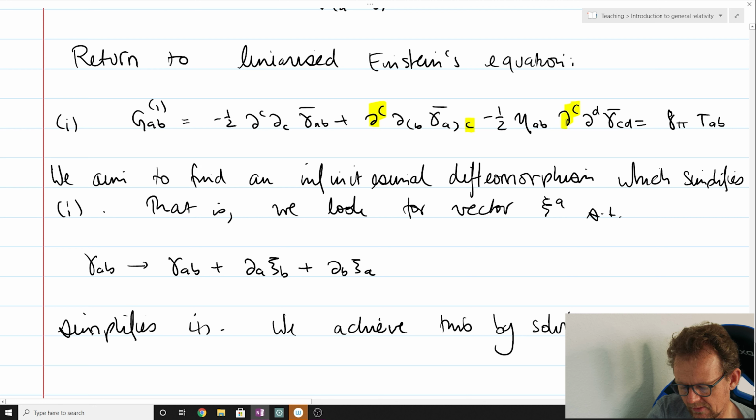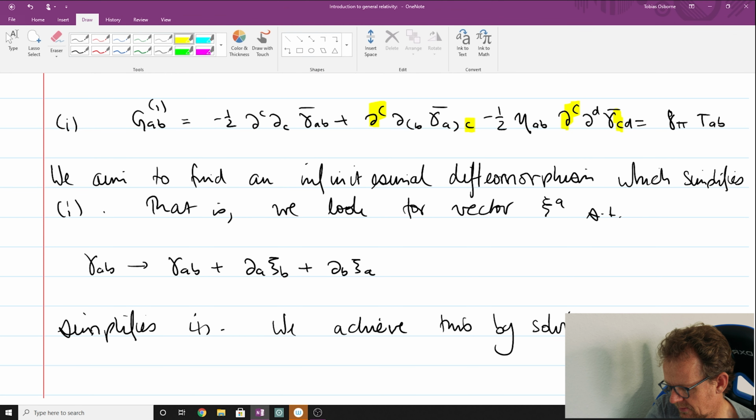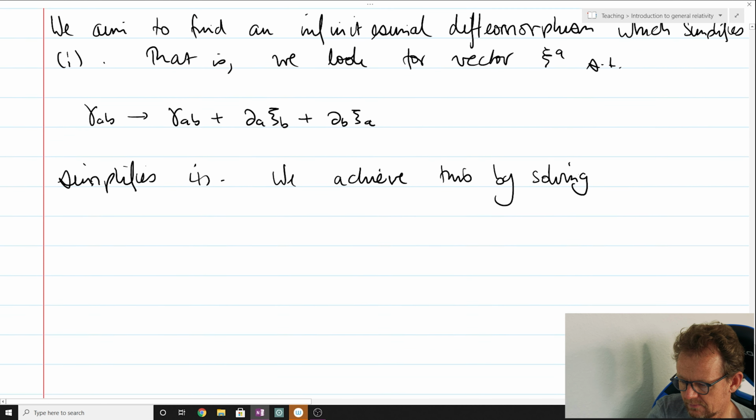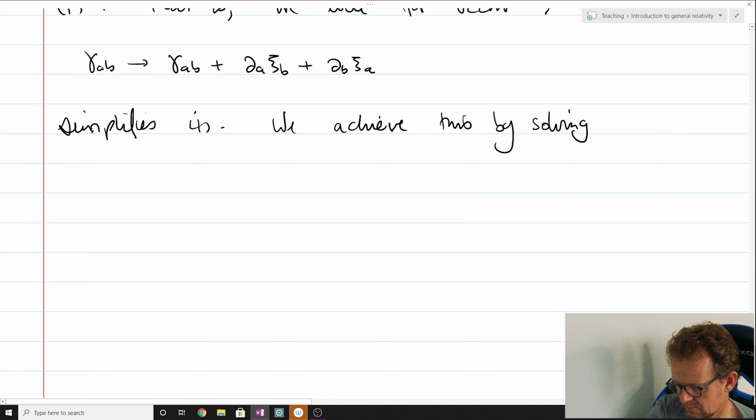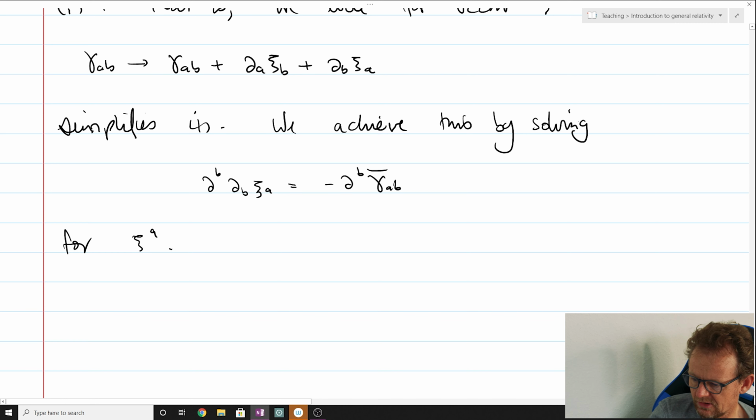Here the derivative operator is applied to the metric again. So maybe you could arrange for the first derivative of the metric to vanish. And you're going to see in a second how this equation actually helps us achieve this goal.